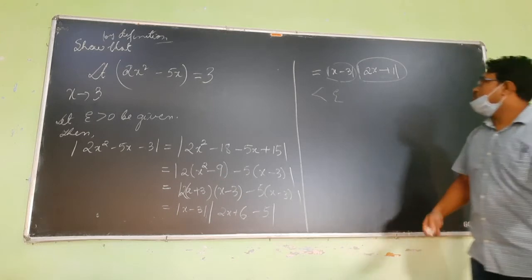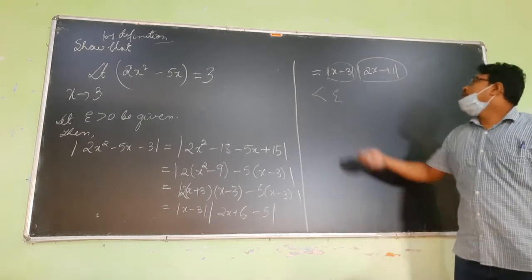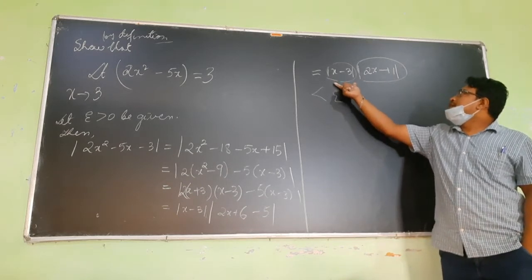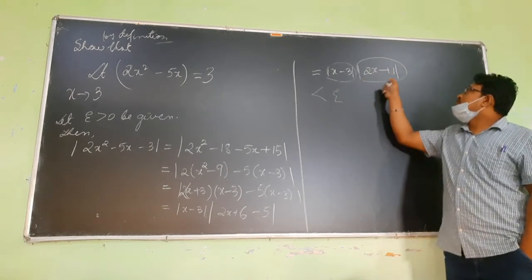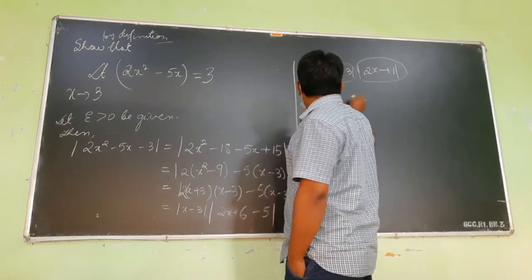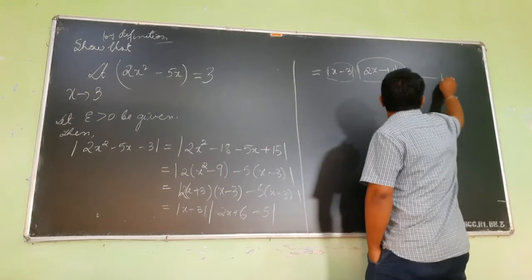In the last class also we have done this. What we will do is consider a neighborhood of 3 and try to see whether this is bounded in that neighborhood. Let us keep this one as 1.